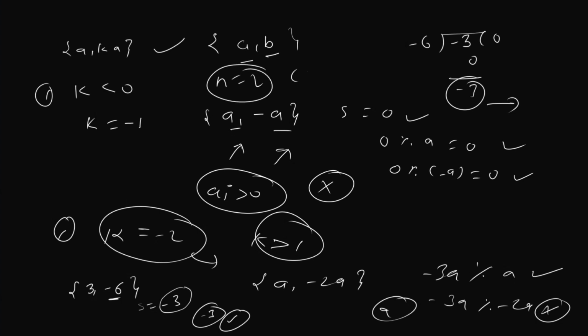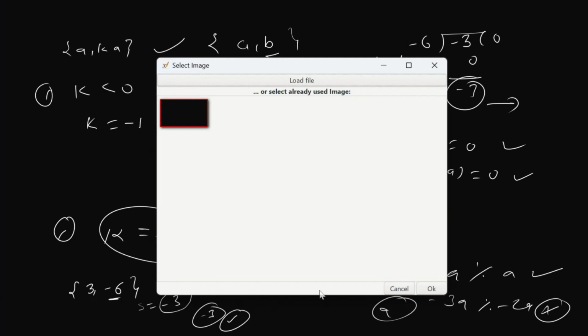Means we can't build an array when we have to take two elements, and the two elements must be different, and this must satisfy this condition. So we can't build the array. So what we will do now is, let me add some pages.